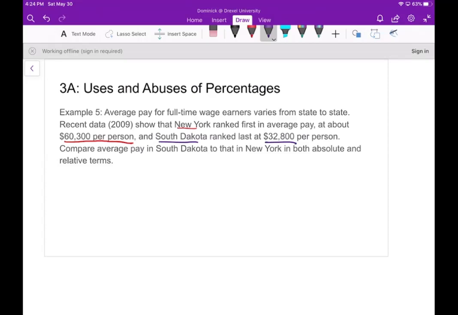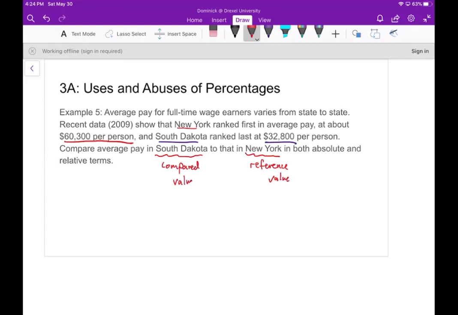Now, we want to compare South Dakota to New York in both absolute and relative terms. Now, since we're comparing South Dakota to New York, we'll think of New York as our reference value, and South Dakota is our compared value or our new value, right?